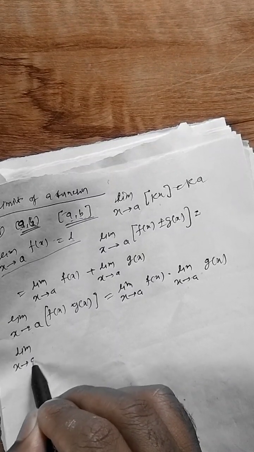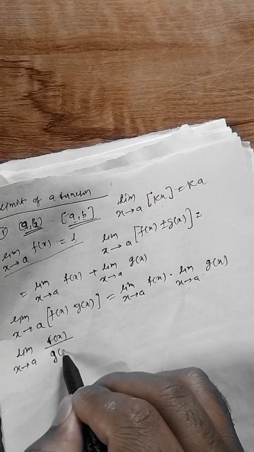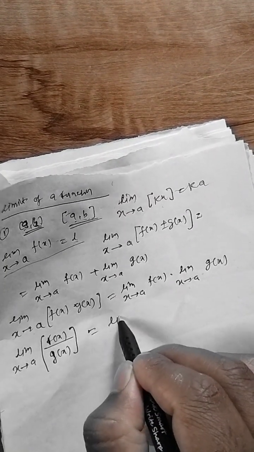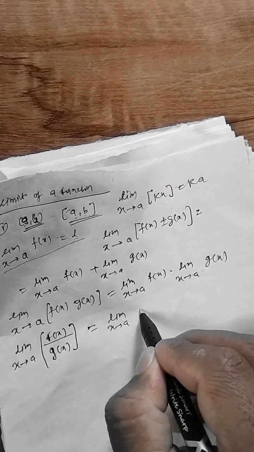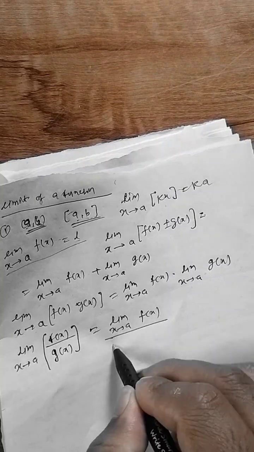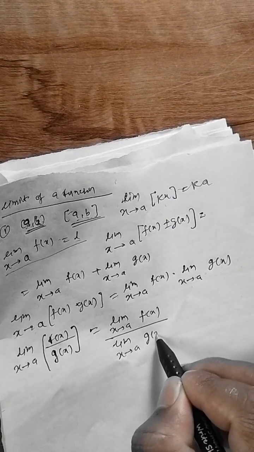Limit x tends to a, f of x divided by g of x is equal to limit x tends to a, f of x divided by limit x tends to a, g of x.